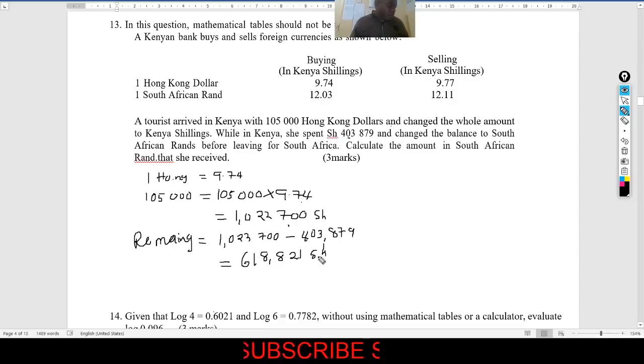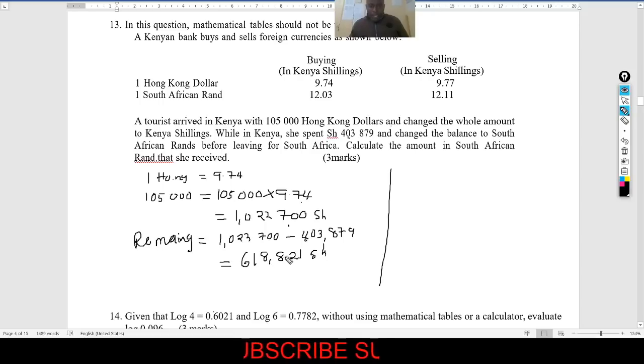Now we are told that he changed the balance to South African rand. We need to calculate the amount in South African rand that he received.